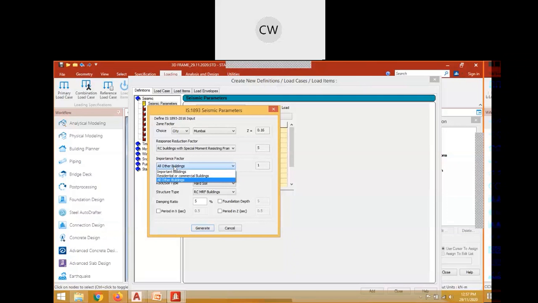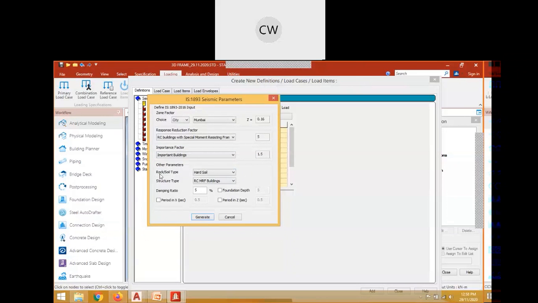But here one more term is introduced, residential or commercial building, where the factor is allowed equal to 1.2. If your building is residential, you can use 1.2. Once you select residential, you will find the factor is 1.2. This factor is newly introduced in 1893 2016. Previously it was not there, correct? Anyway, we will consider this as an important building with 1.5 factor.